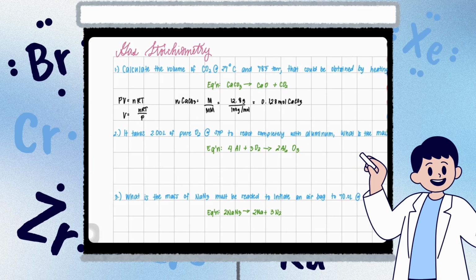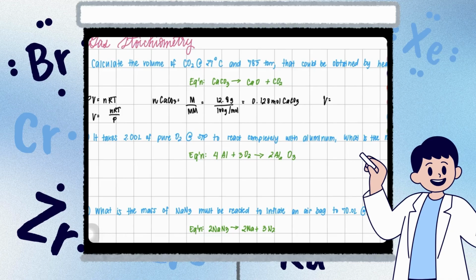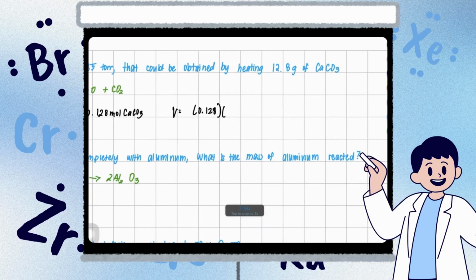Now that we have all the values that we need in order to get volume, we can input our values into the derived formula from the ideal gas law. So we have V equals 0.128 times the R constant, which is 0.0806.